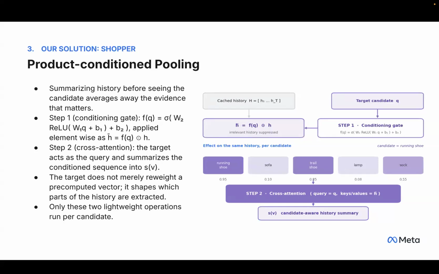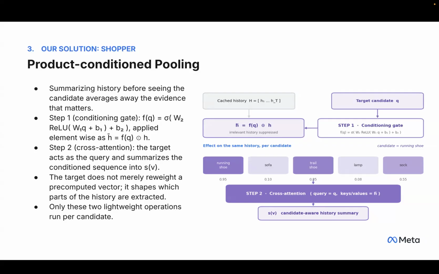Third, we have a product condition pooling. Basically here, summarizing history before seeing the candidate averages away the evidence that matters. So we want to make sure that we have the candidate as well as part of our learning.